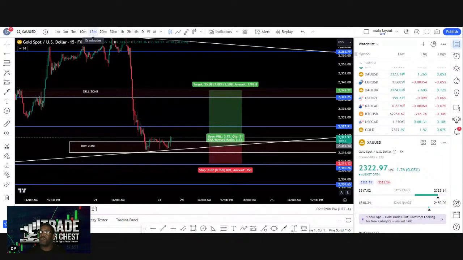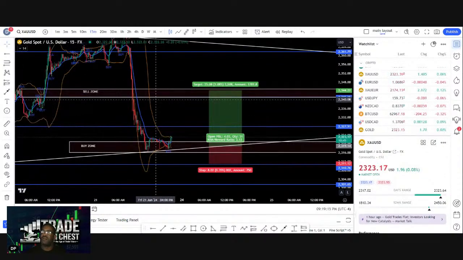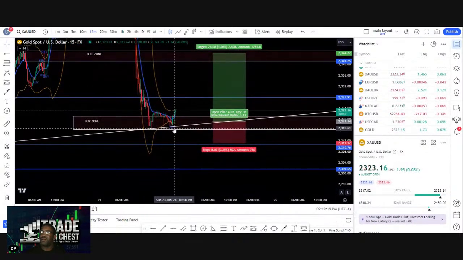Most of you may have the Trade War Chest indicator, which is a killer. Let's see. You see, we got our buy right here. It told us buy on this candle. All right.